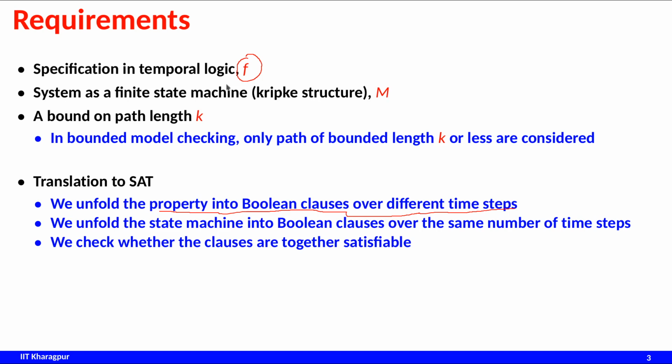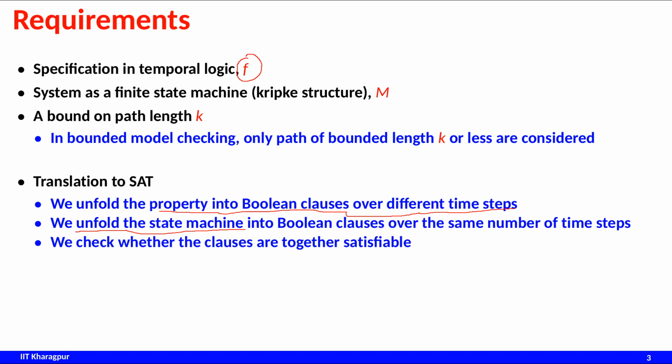We'll see with an example. So this is for the temporal formula that we need to check. We also need to unfold the state transition system, or the state machine. The state machine that has been given will usually be expressed as Boolean logic, and we will see how to do that.